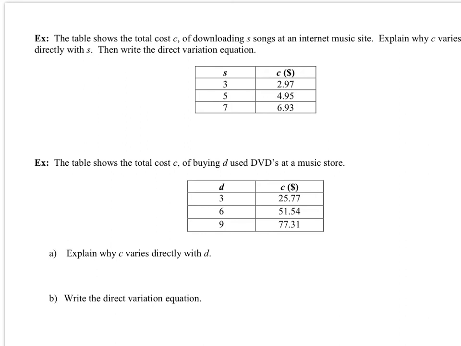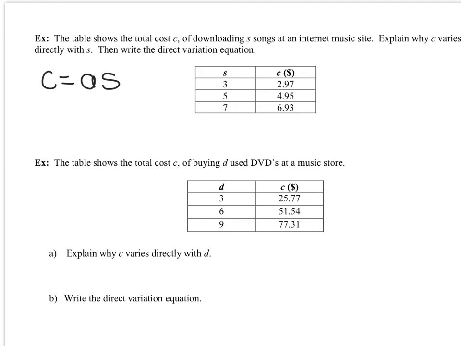So in this example, it says that the table shows that C, which is the cost of downloading songs, which is S, vary directly. It says C varies with S. So that means C equals aS.